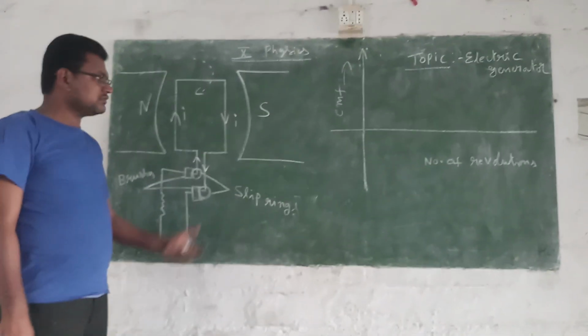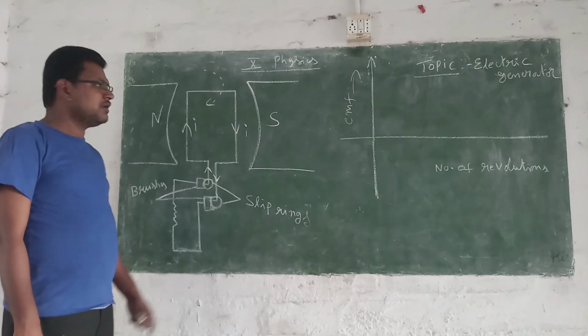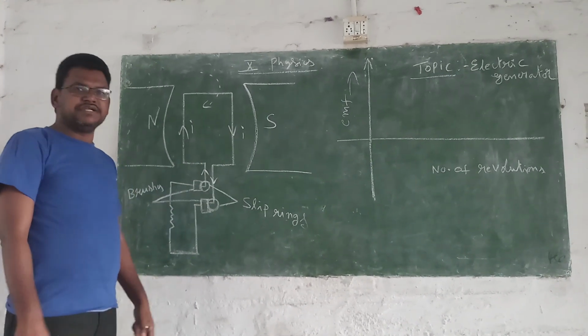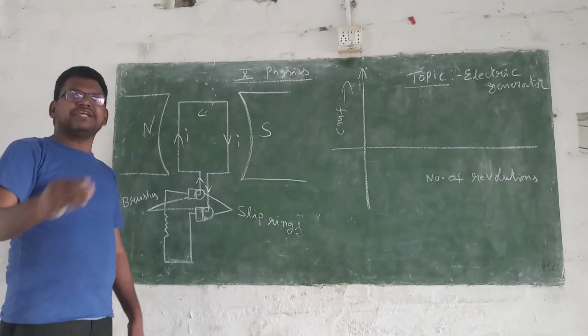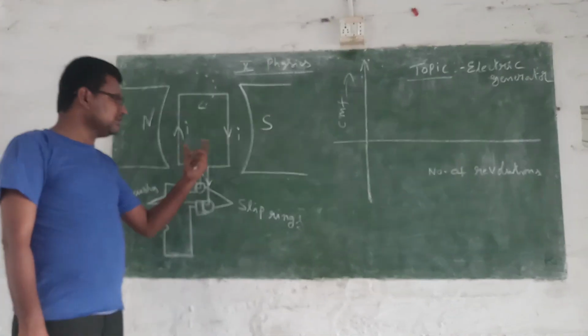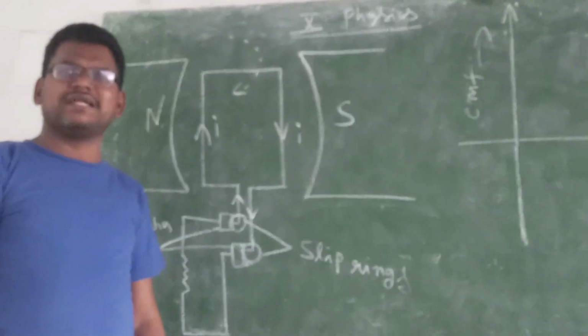alternating current generator. Now let's see how this AC generator generates the electrical current. Here we use Faraday's law of electromagnetic induction.